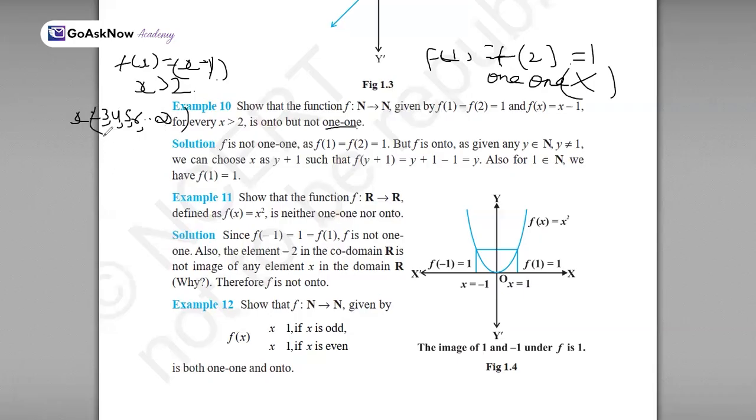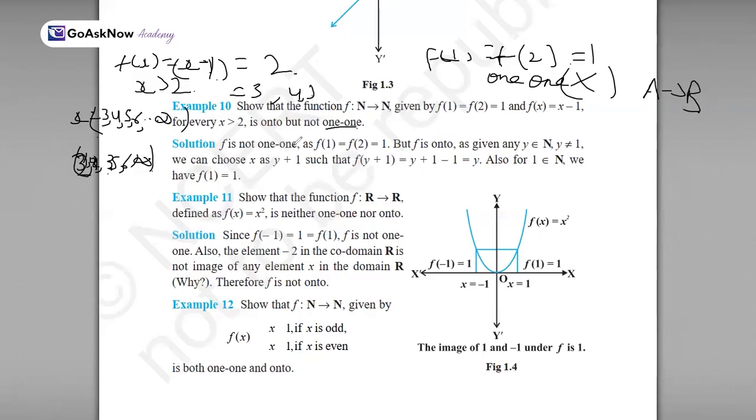Each element will be related to some element inside N, and N is 1, 2, 3, 4 up to infinity. So f(x) is x minus 1. If you put x equal to 3, it will become 2. So this will start from 2: 2, 3, 4, 5 like that. So 2, then 3 will come, then 4 will come.